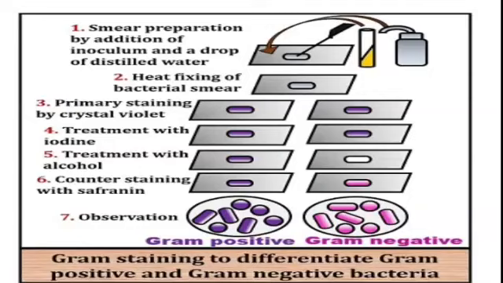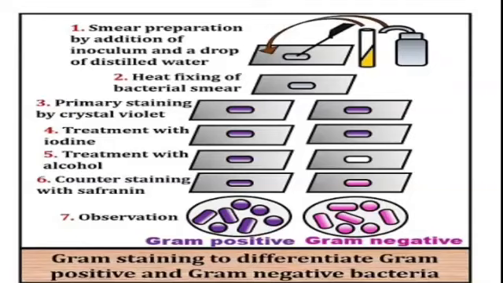Okay, understood. So what happens in differential staining? We apply two different colors, crystal violet and safranin, and we treat it with iodine and wash it with alcohol. While washing with alcohol, if it is a gram positive, the color will not change and the safranin color will not be absorbed by the bacteria.